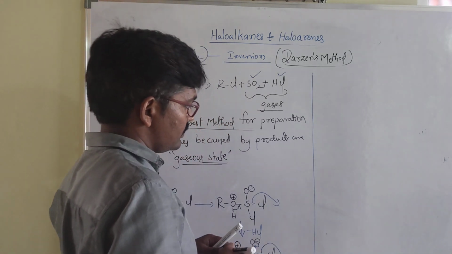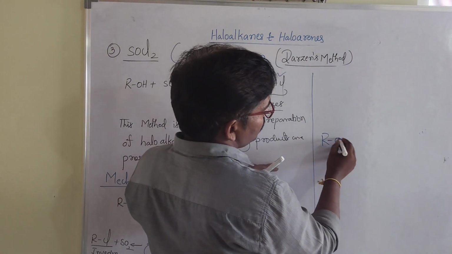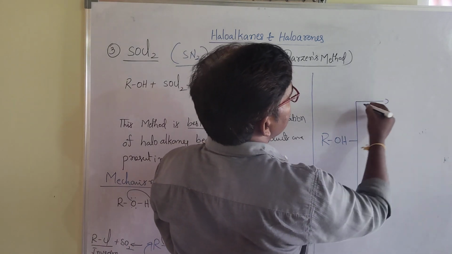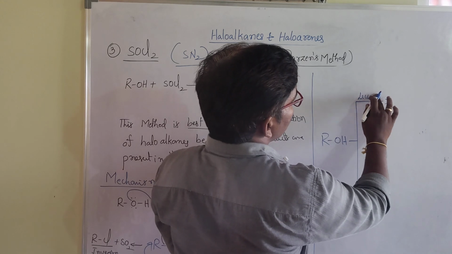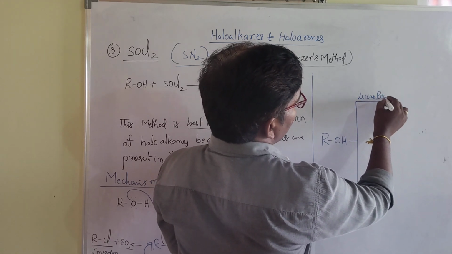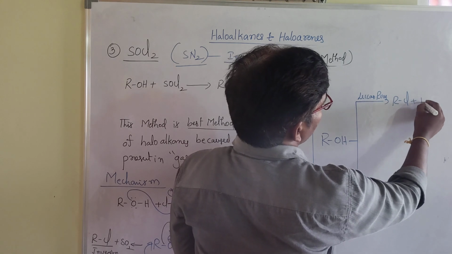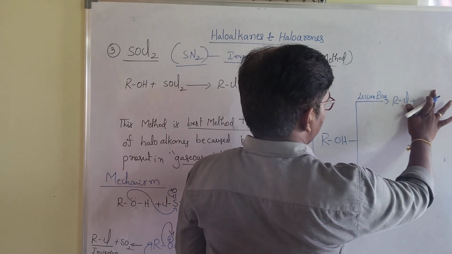Clear? So in case you use R-OH, one is Lucas reagent. If you use it, R-Cl will be formed, plus the byproduct.